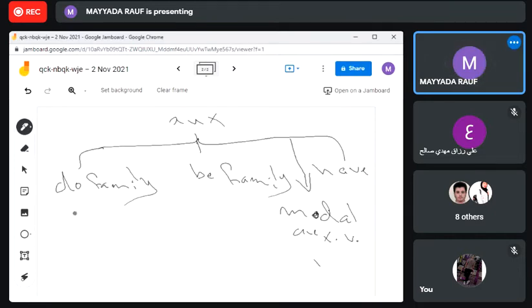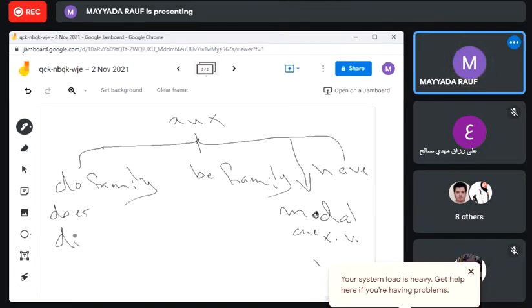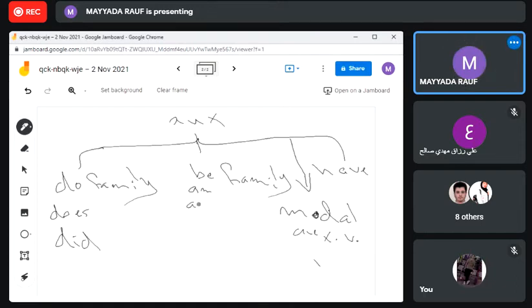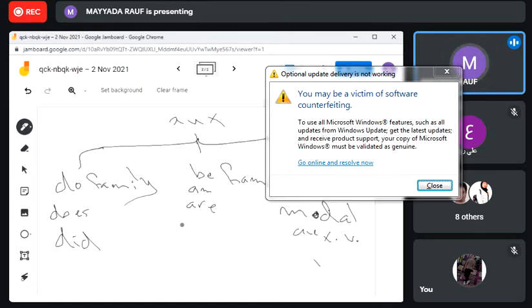Okay, so you know that the do family contains do, does, and did in the past. Be contains am, are, and we have was, were in the past, and we have also is.